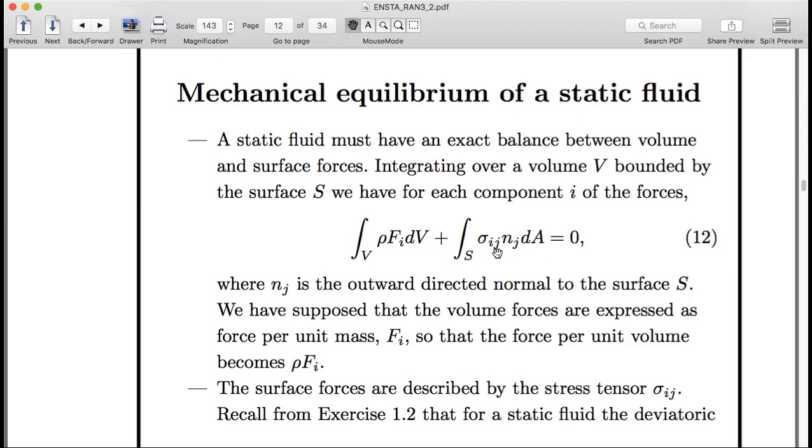But then I have to sum over all the values of j, so that I get all the different orientations, and we integrate that over the entire surface to get the total surface force.